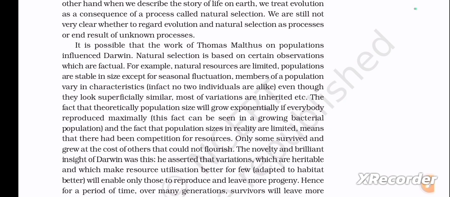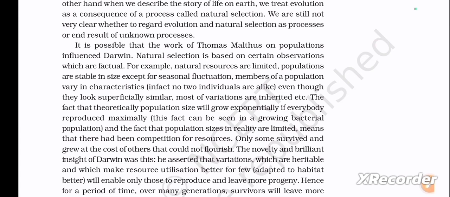Natural selection is based on certain observations which are factual. For example, natural resources are limited. Populations are stable in size except for seasonal fluctuation. Members of a population vary in characteristics. In fact, no two individuals are alike.